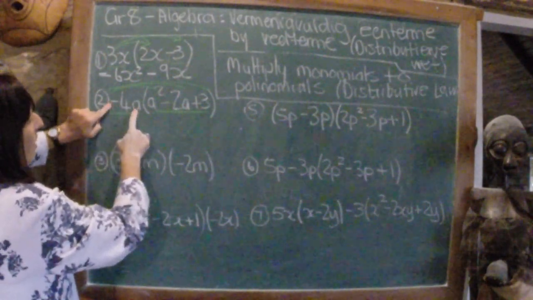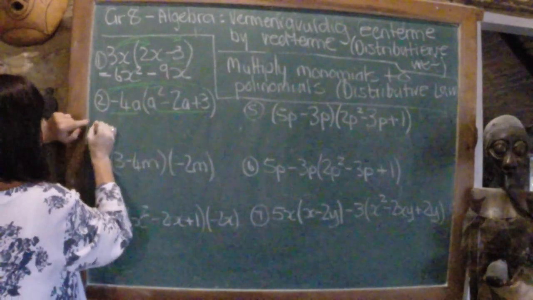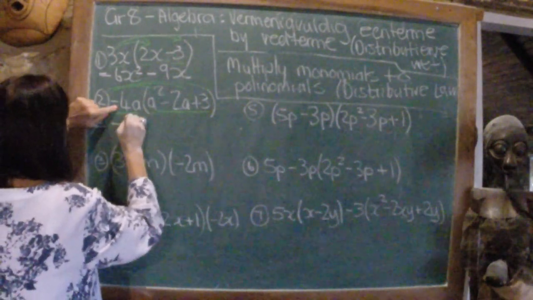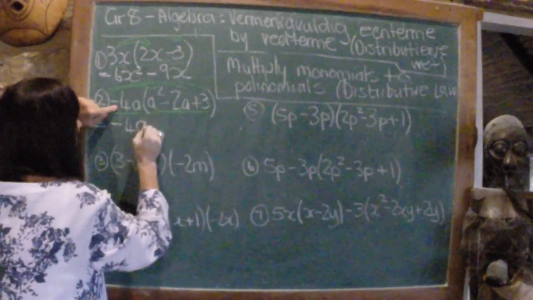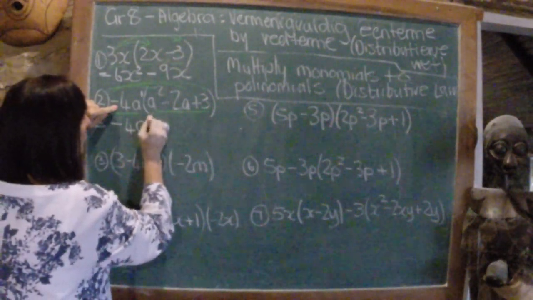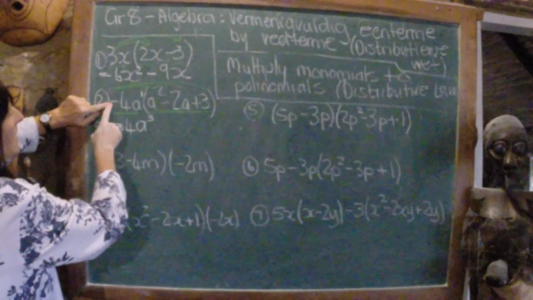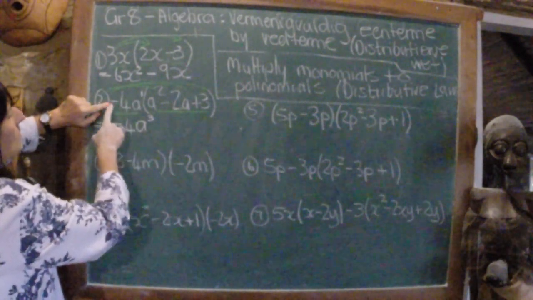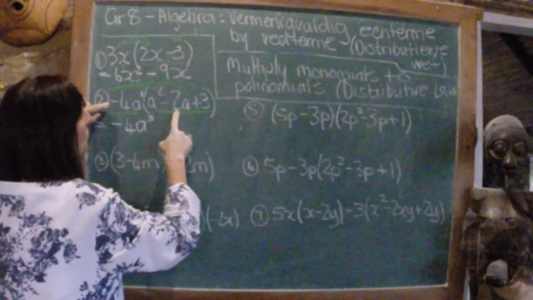Minus 4a maal a kwadraat gives me minus 4a, there's a 1, exponent law number 1, to the power of 3. Second one, minus 4a maal met minus 2a.